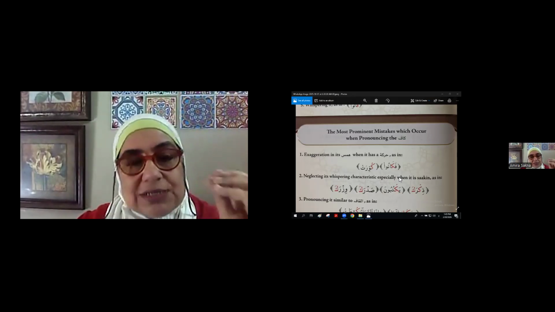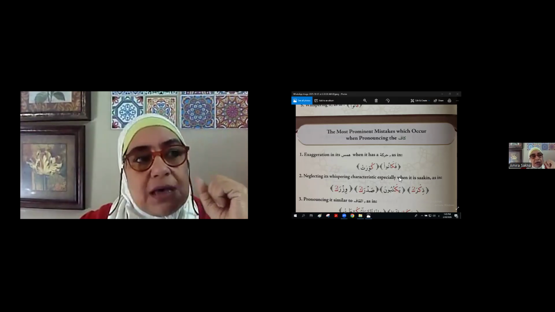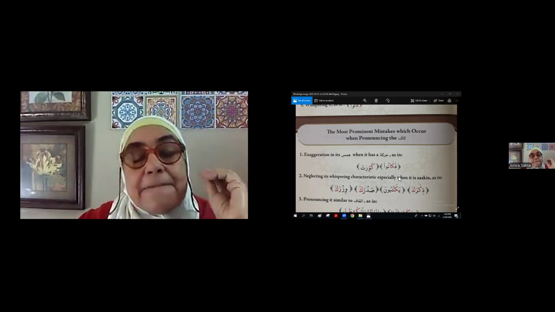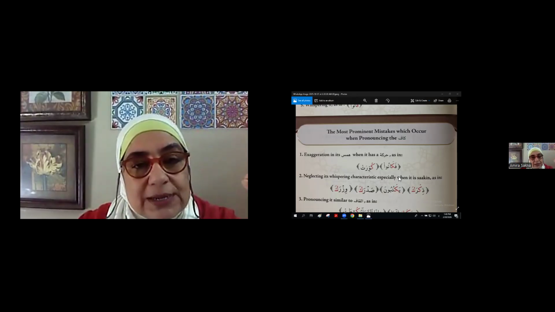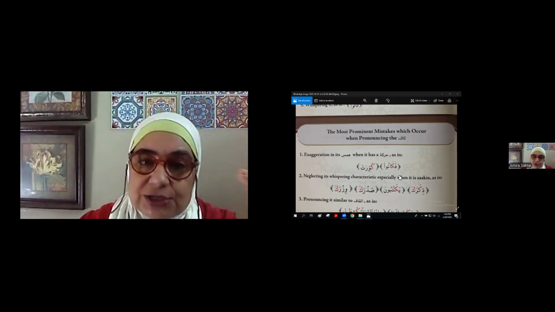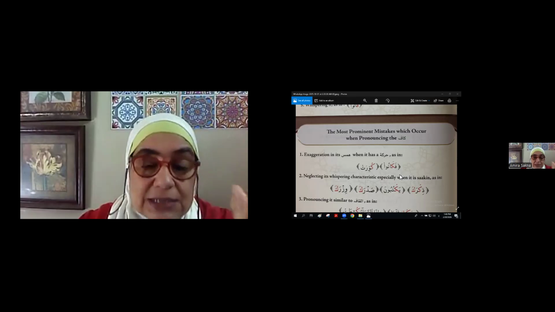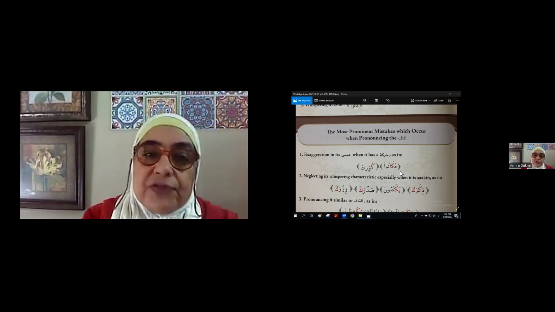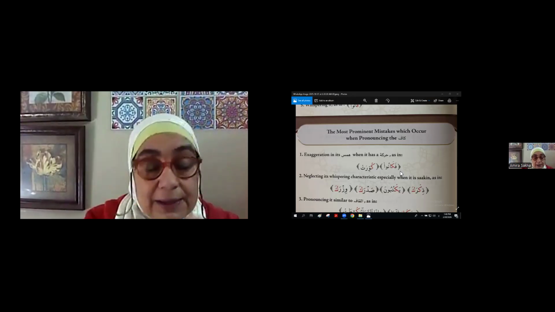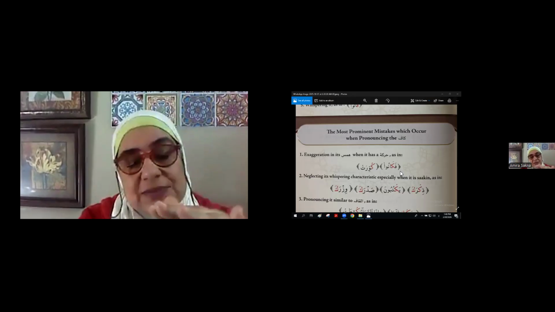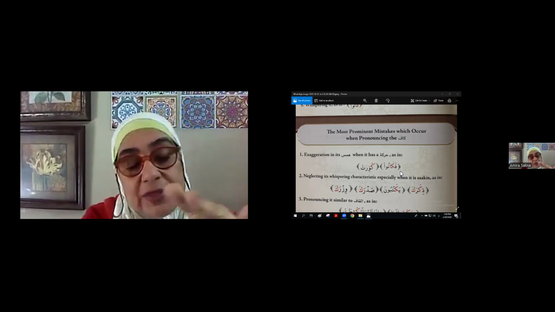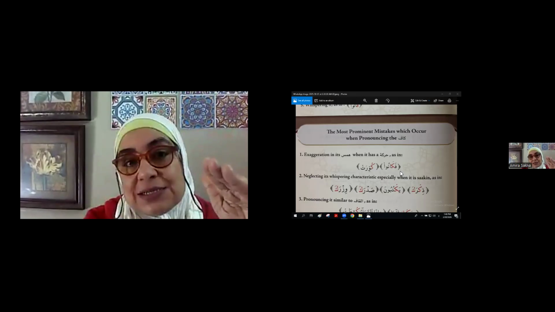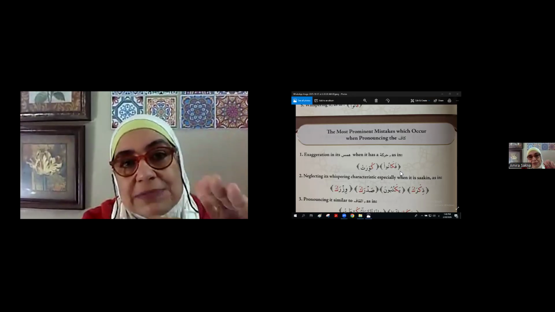As we know, one of the most important characteristics of letter kaf is that it is one of the shadid letters, the strong letters, due to the complete closure of the articulation point. And we said that the articulation point is going to be closed and then opened, and we allow flow of breath to pass through. And that's what we call the hams or the whispering.